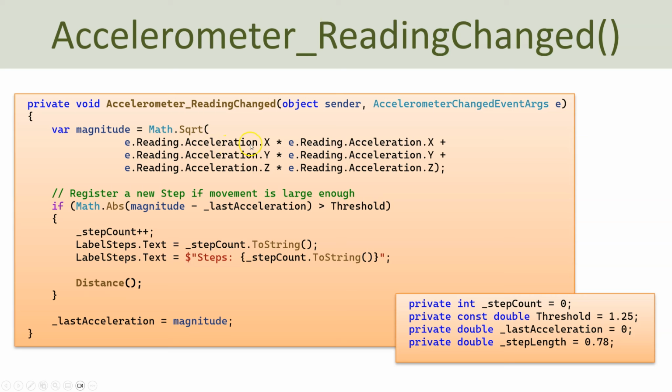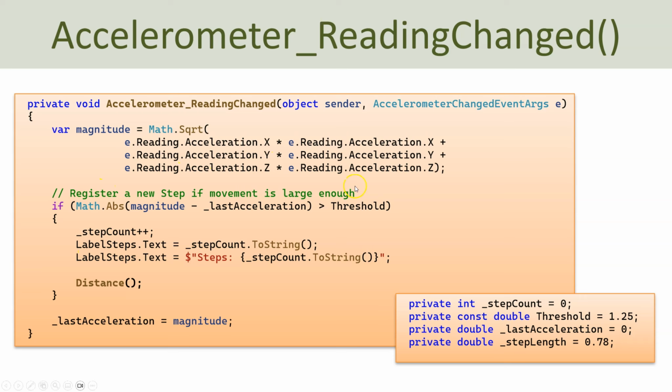Since this accelerometer is reading values in 3 directions, X, Y, and Z, we can use that information according to this formula to see if the phone that you hold in your hand or have in your pocket is moving or is in the same position.